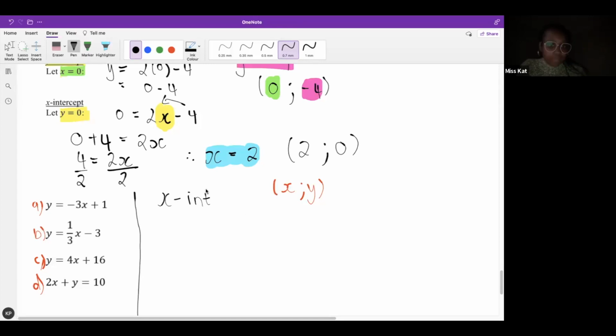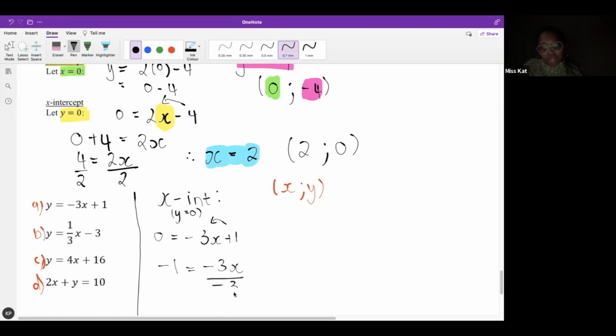So I'm doing A, okay? For the x-intercept, I'm going to write here for myself, y is 0. You don't have to write that. I'm writing it to remind you guys, okay? So then it's going to be 0 is equal to negative 3x plus 1, right? I'm going to take my 1 over. So I'm going to have negative 1 is equal to negative 3x.